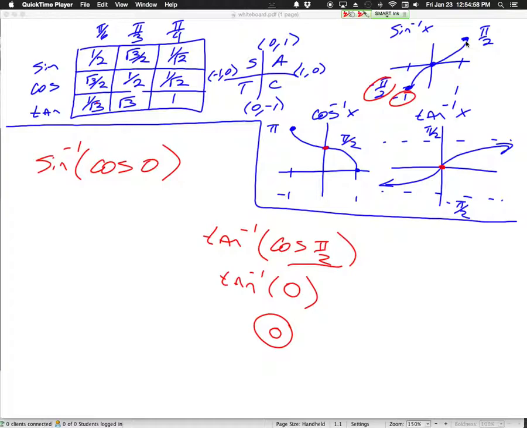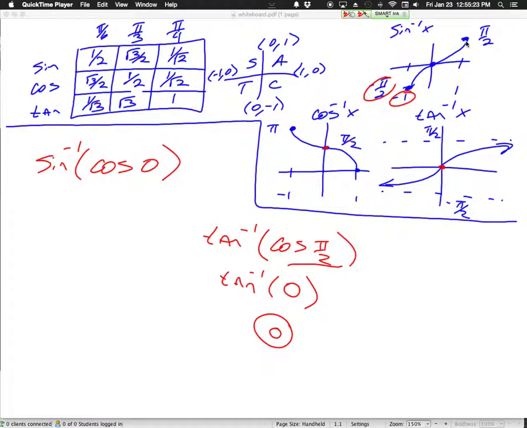And everybody is making the same mistake so far. Everybody's doing the exact same thing. How did you jump to there? Is that the right answer?